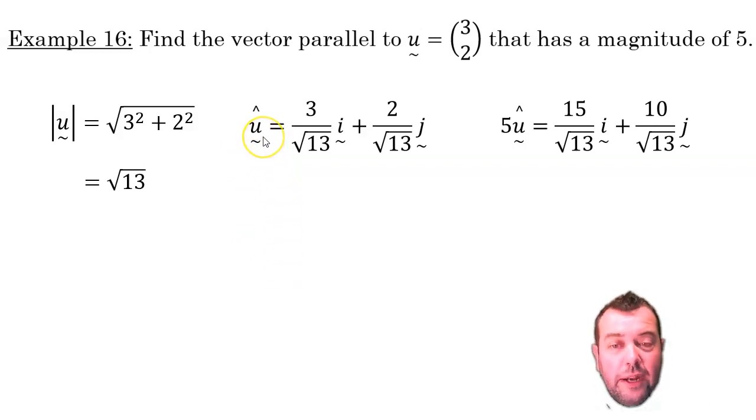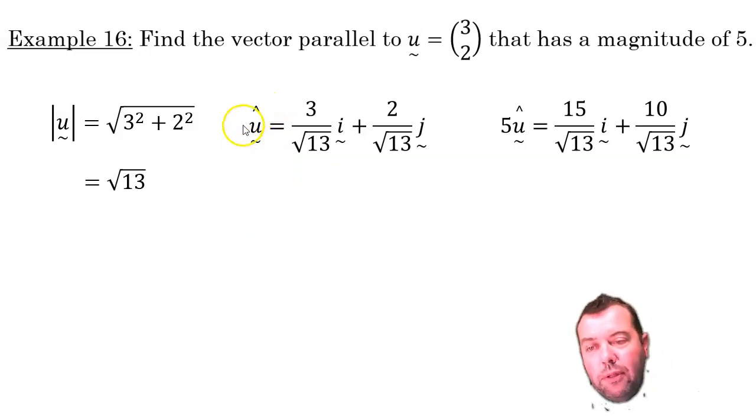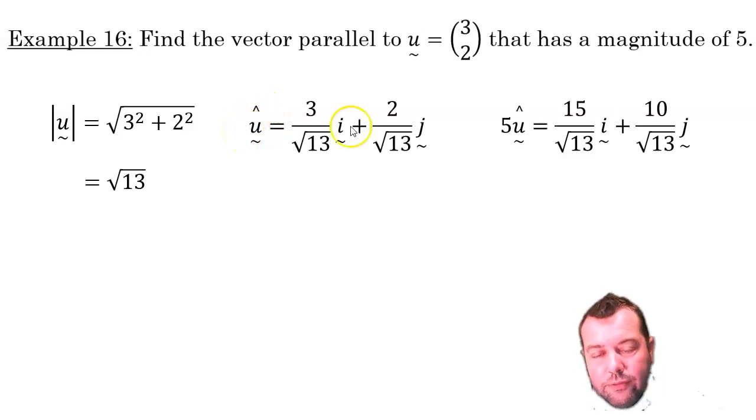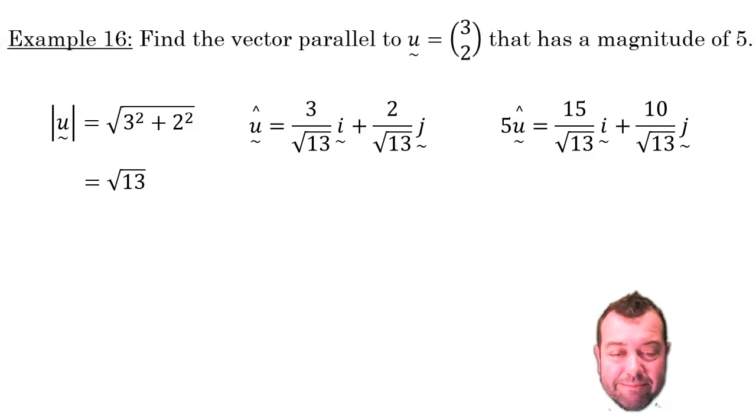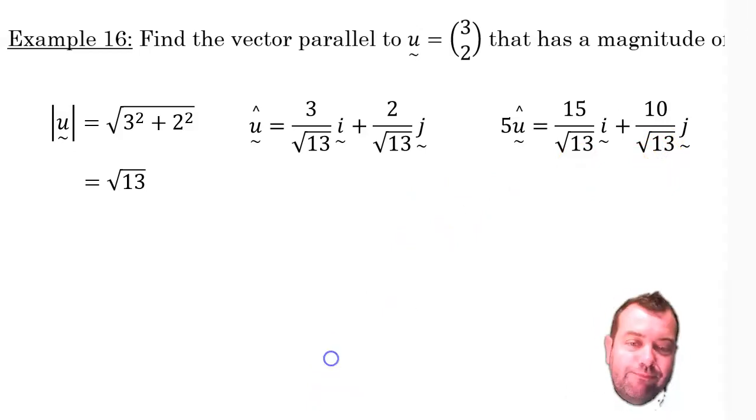Finally, I take u hat and multiply it by 5. Remembering this has a magnitude of 1, if I multiply it by 5, it'll have a magnitude of 5. So there we go: 15 over root 13 i plus 10 over root 13 j. I could check that that still has a magnitude of 5 by finding the magnitude, but I'm not going to. You can check it out if you like.